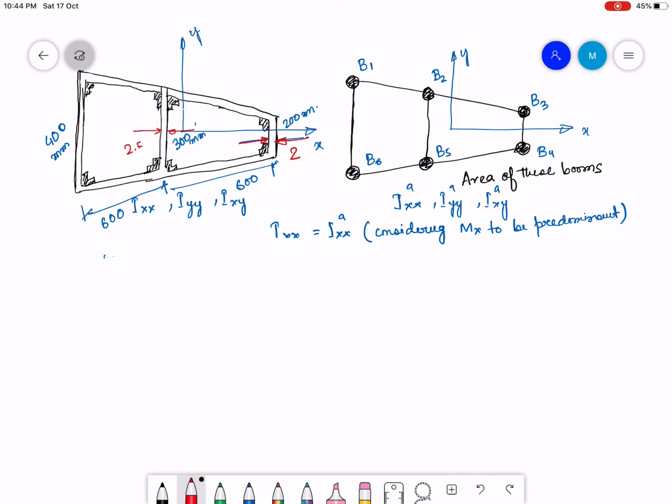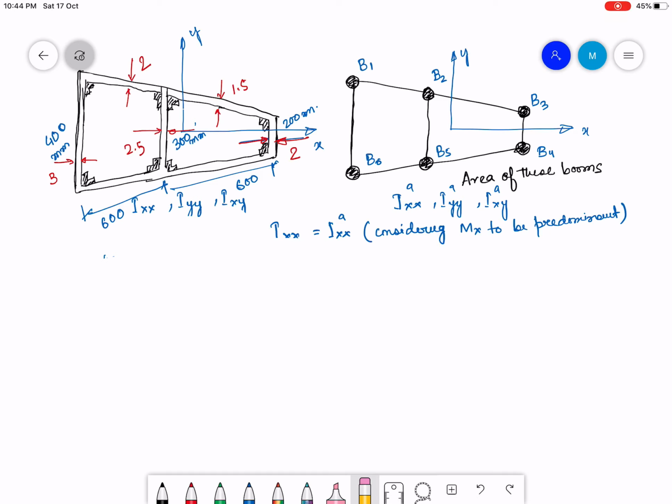The thickness here is 3, and this is 2, and this is 1.5, and it is symmetric about the x-axis. So symmetric about the x-axis.